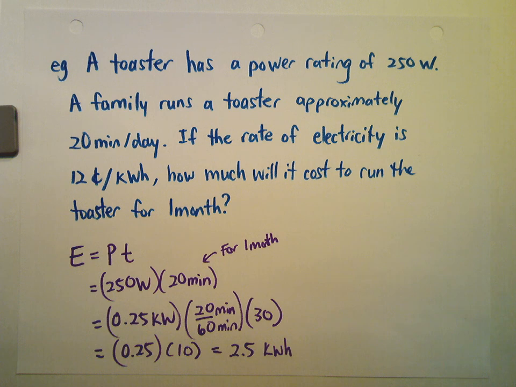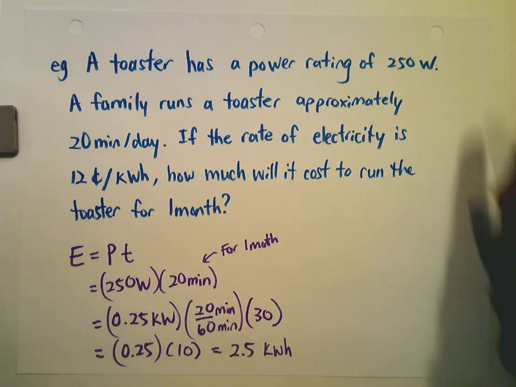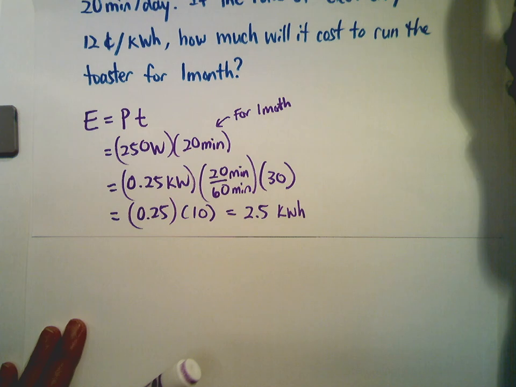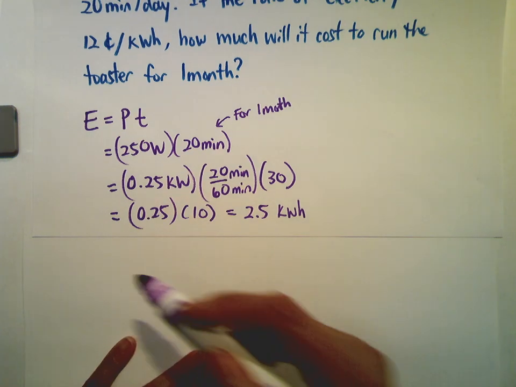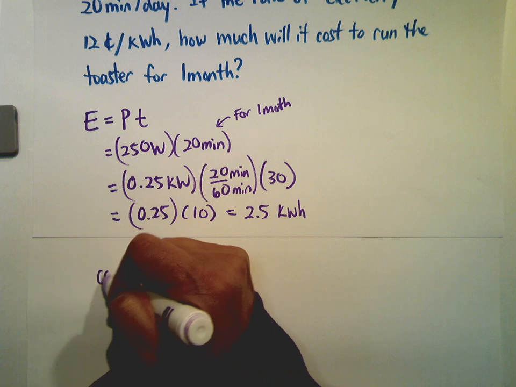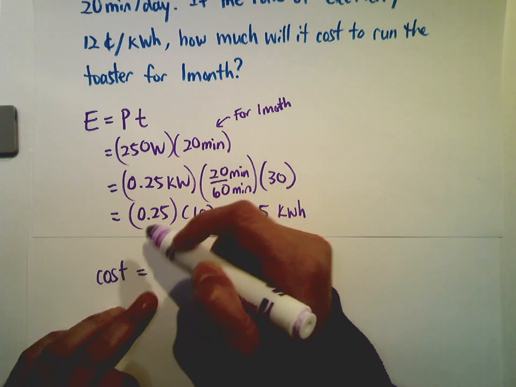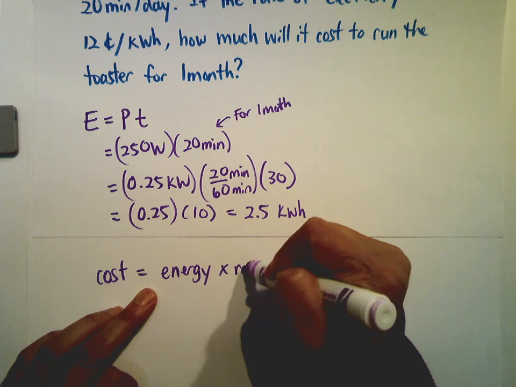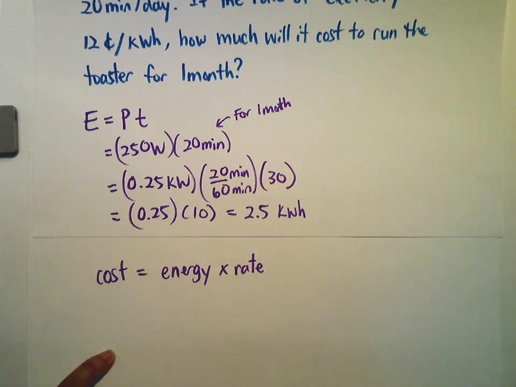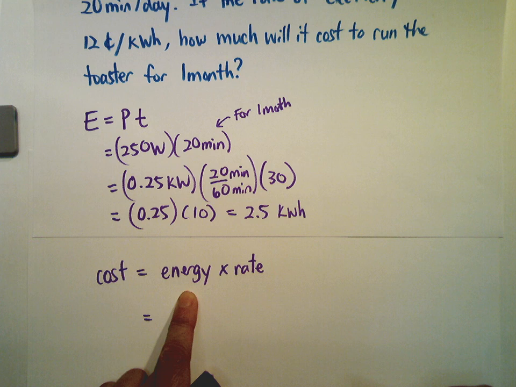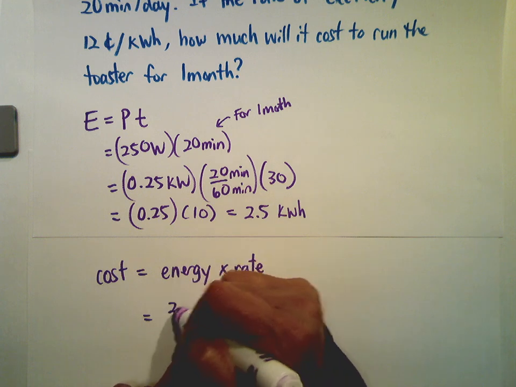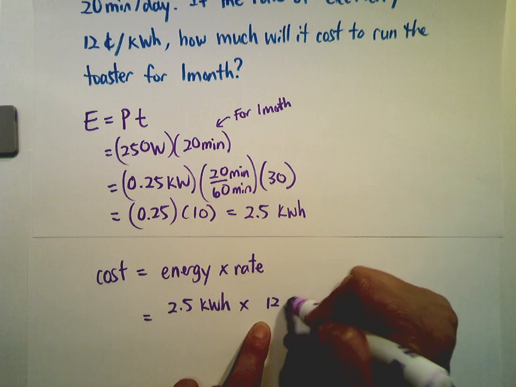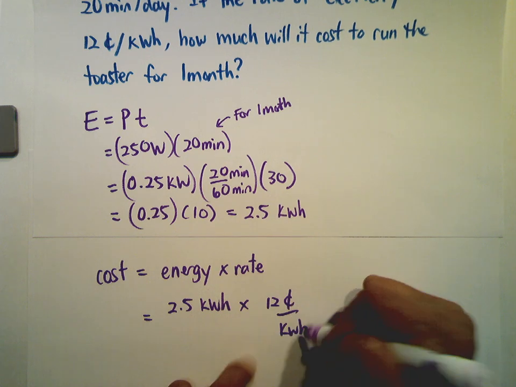Now let's calculate the cost of electricity. The cost is how much energy you use times the rate. The energy you use is 2.5 kilowatt hours, and the rate is 12 cents per kilowatt hour.